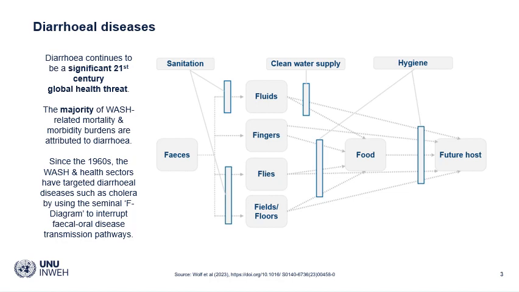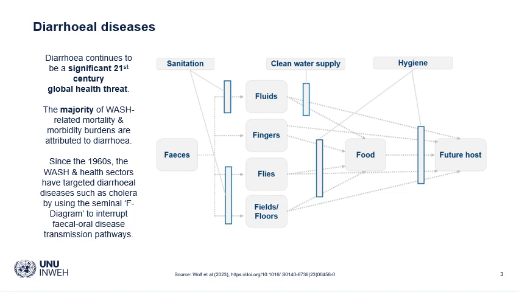Flies refers to insects, particularly houseflies, which can act as mechanical vectors for transmitting pathogens from fecal matter to food and water sources. Flies can land on fecally contaminated surfaces and transfer pathogens to human food or water during feeding or resting.